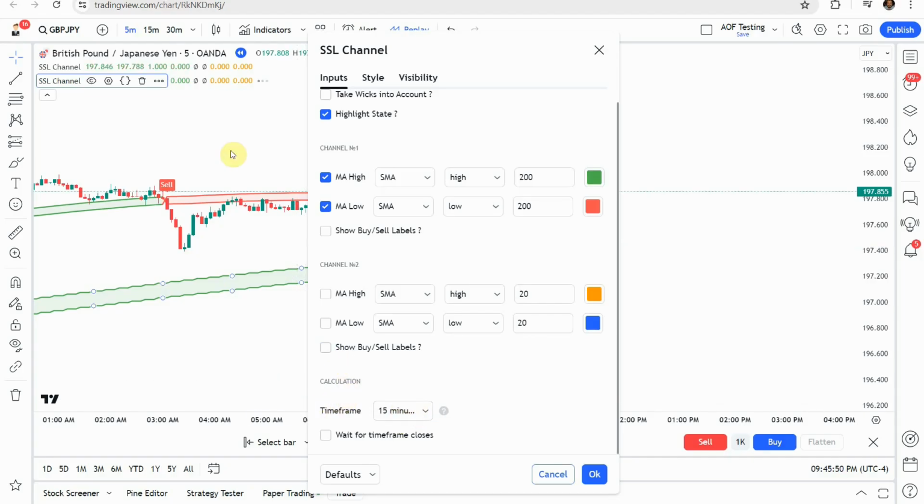And of course, we are on the 5-minute chart, like I said. Then go ahead and turn off the show buy sell labels right here and this one right here, even though this one's not currently active. Just go ahead and uncheck those there.